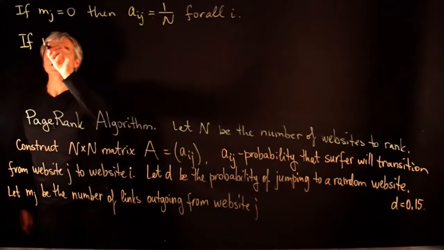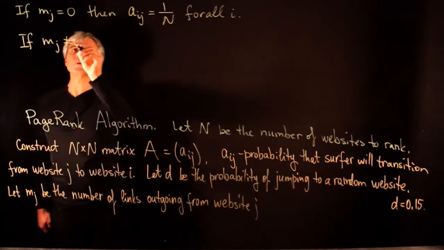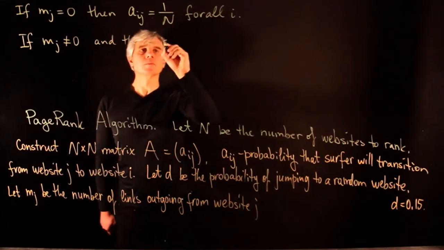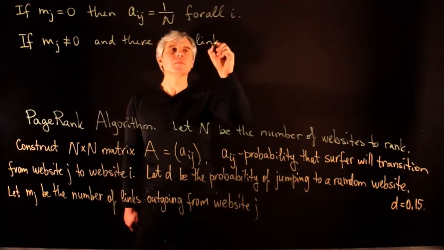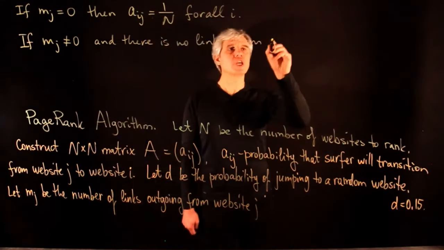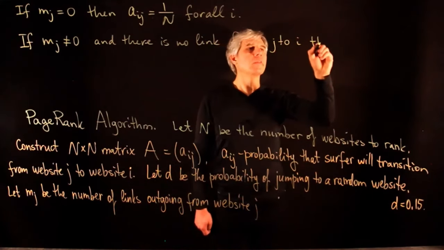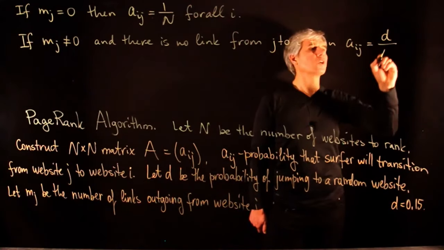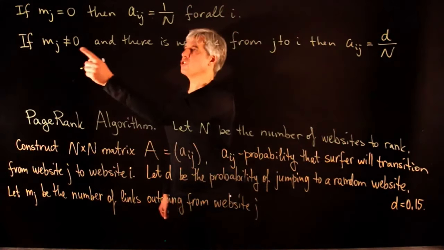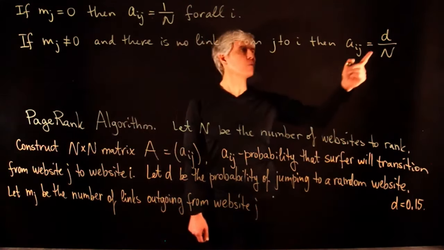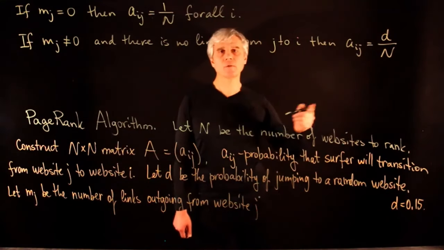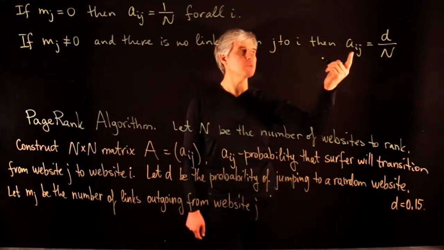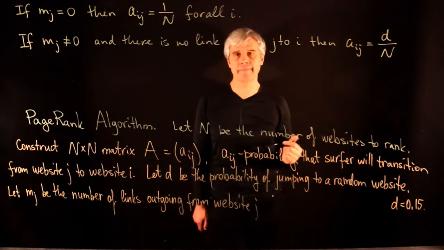If m_j is not equal to 0 and there is no link from j to i, then a_ij is equal to d over n. This is because with probability d, instead of following a link, we will jump to a random website, and this website could possibly be website i.